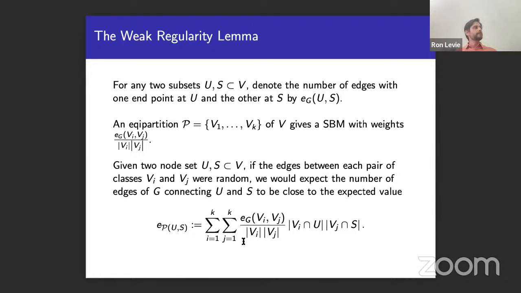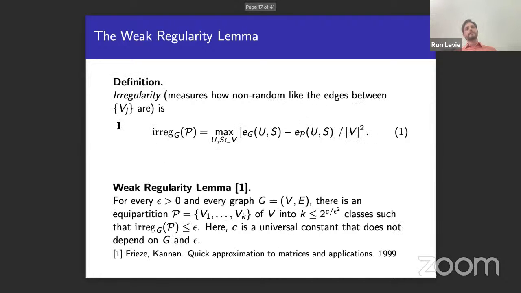This gives us a way to define how much the graph looks random, because the graph has an actual number of edges between U and S, and you can compare it to the expected number of edges if the graph was random. The difference between these two is how much the graph looks random. This is called irregularity.